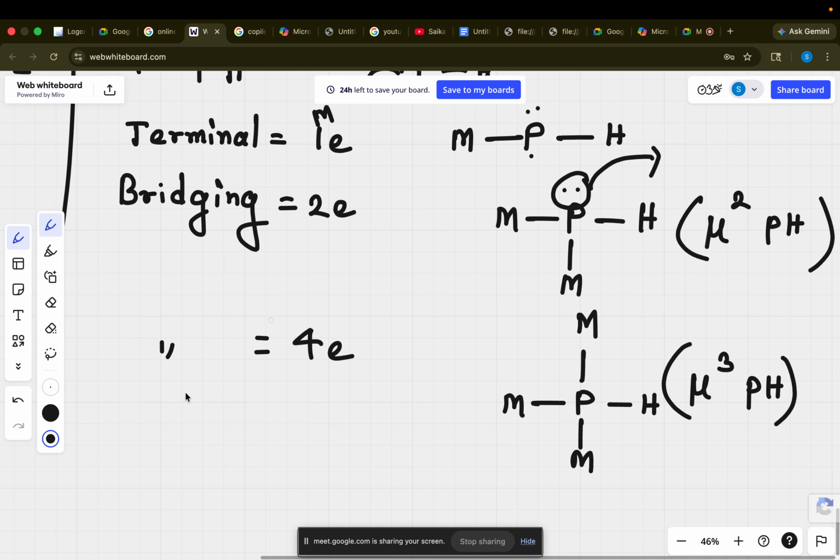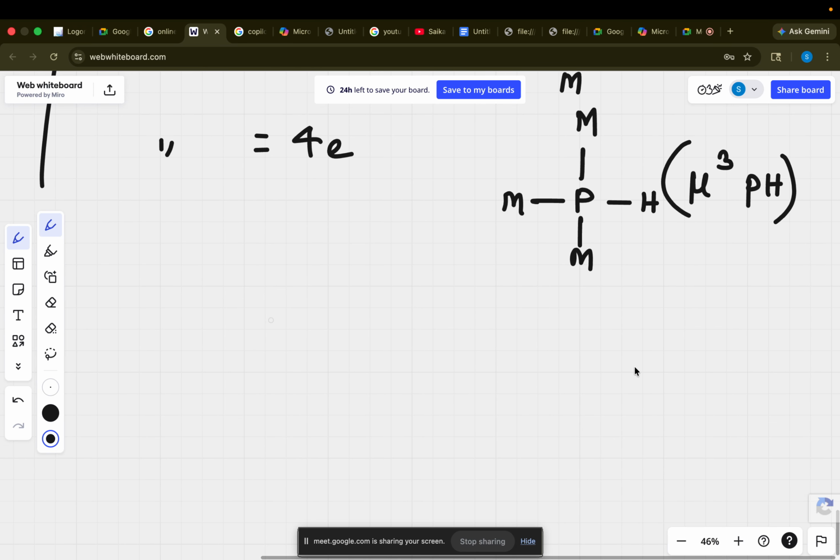When it donates further electrons, a bridging ligand will form. When it donates this electron also to the other metal center, it becomes bridging, because now it is attached to two metal centers. When it is donating this lone pair, it is attaching with 3 metal centers.